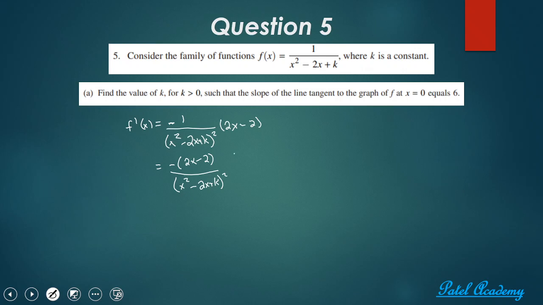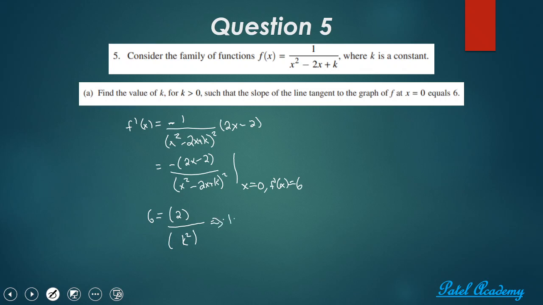Now we're evaluating this at x equals 0, such that my f prime at x is equal to 6. And so plugging that in, I get 6 is equal to, well, if I plug in 0, then I get 2 times 0, which is 0, minus 2, which is negative 2, and then times this negative 1, so I get a 2 on the top divided by 0 squared is 0, 2 times 0 is 0, so I'm just left with a k squared on the denominator.